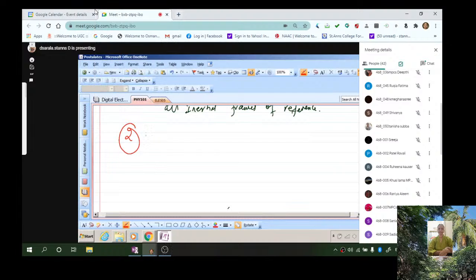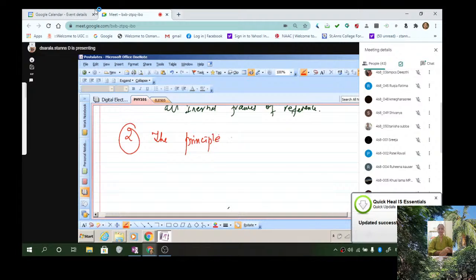The second one, therefore, the first one was called the principle of relativity. The second one is called the principle of constancy of speed of light.